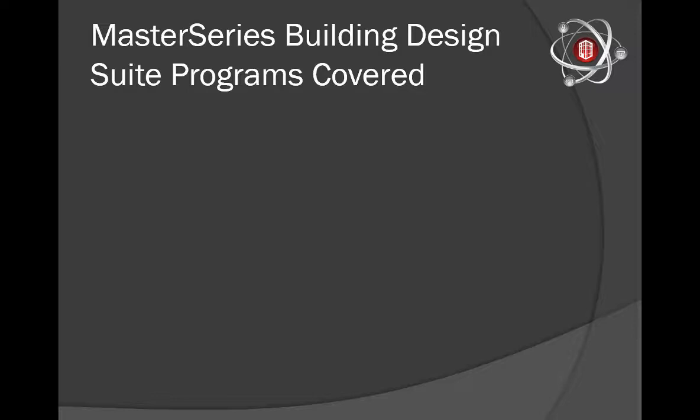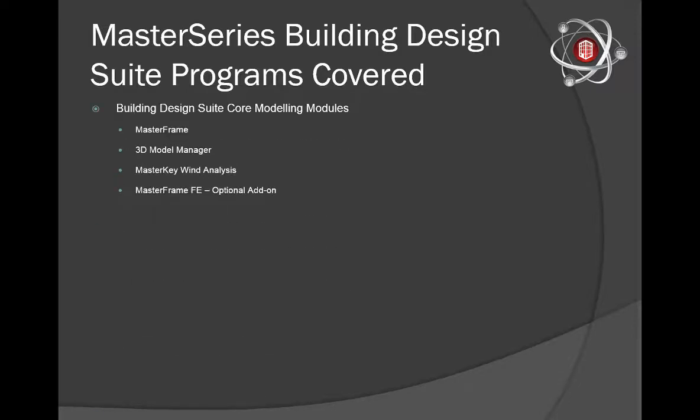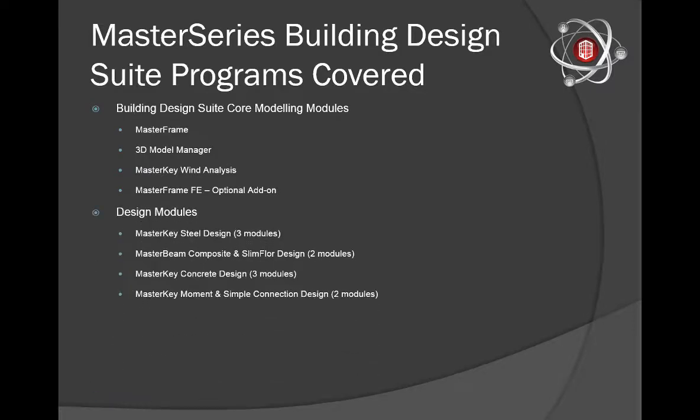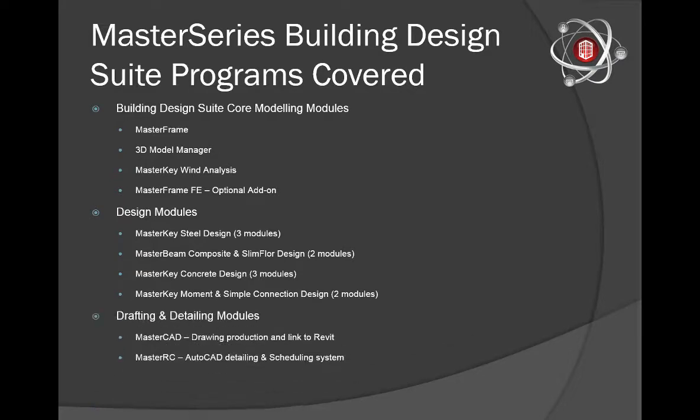But in reality, what are we using? The Masterframe, the 3D Model Manager, and Wind are the three core programs, and you can, as an add-on, have the FEA analysis. Then the design is the steel, composite, concrete, and connections that we talked about. There's also the timber in there, a wee small program, and then the drafting and detailing is the Master CAD for your BIM integration and the Master RC for our scheduling.